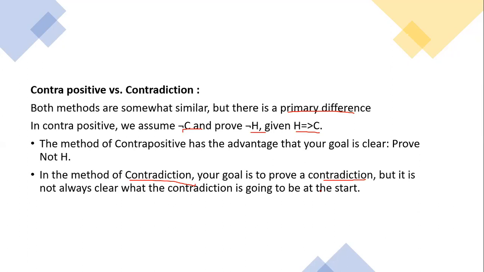This is the falsehood statement. If I prove that particular thing is true, it means the previous one is the false one. Like that, interchangeably we can say. Okay, this is the contrapositive and contradiction.